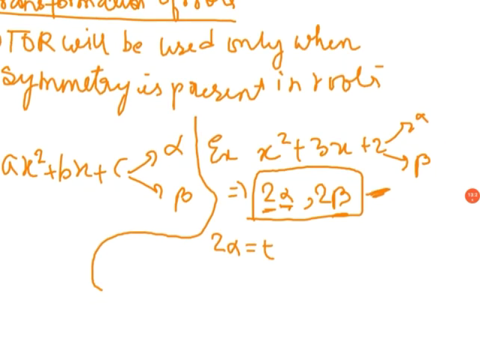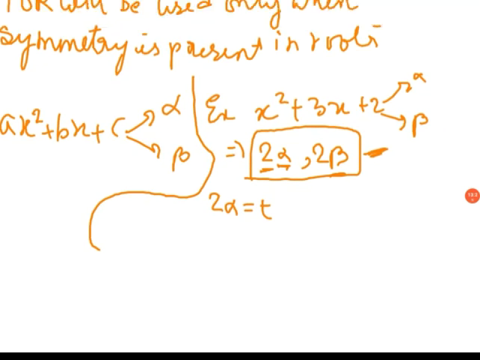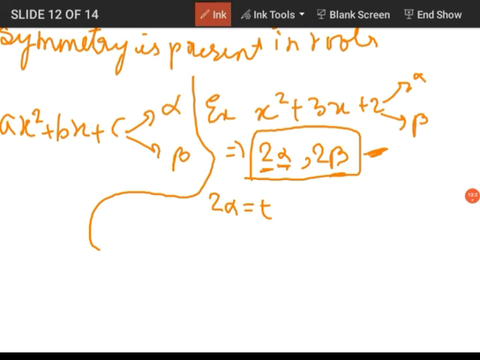So I suppose that 2 alpha is equal to t. Now if you want to make an equation with 2 alpha and 2 beta as its roots, we have to make a quadratic equation in t. Are you able to understand this or not? This is the most basic concept of transformation of roots, that you replace the symmetric root with the variable and make an equation out of that variable.